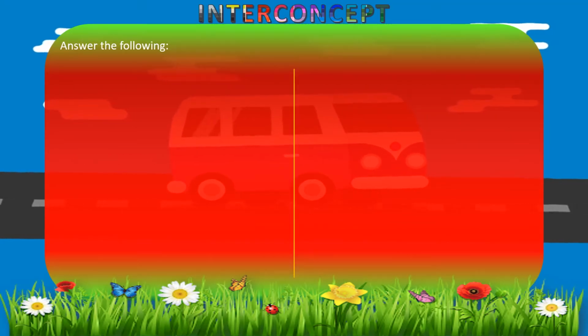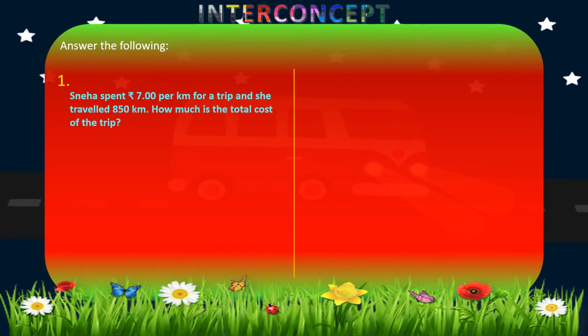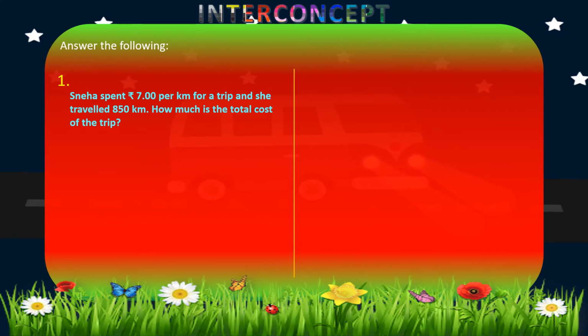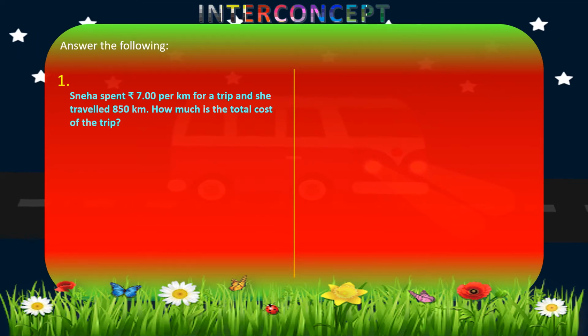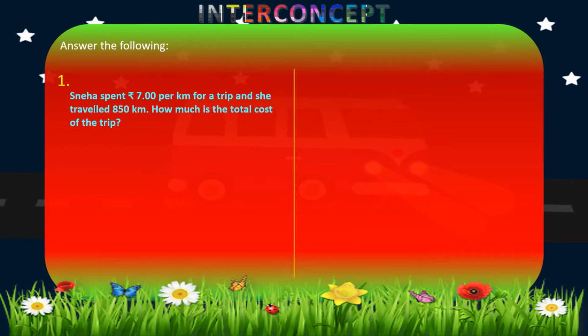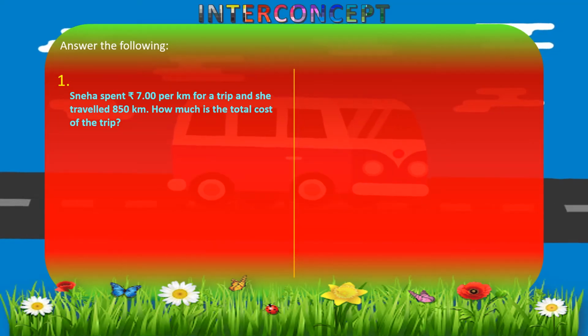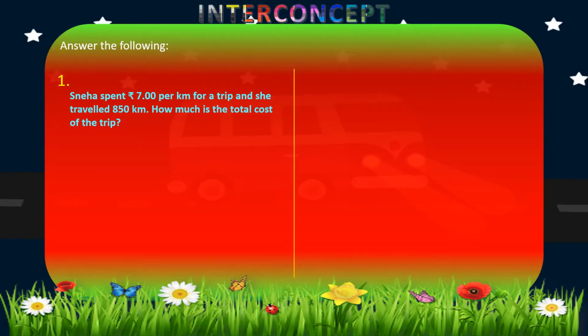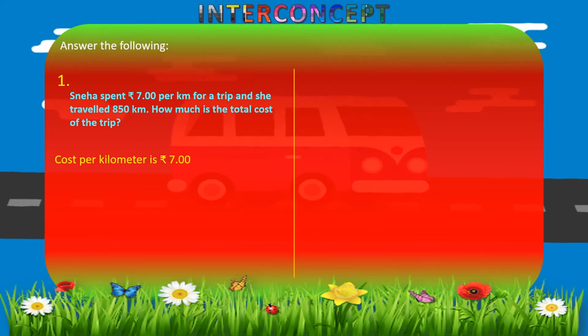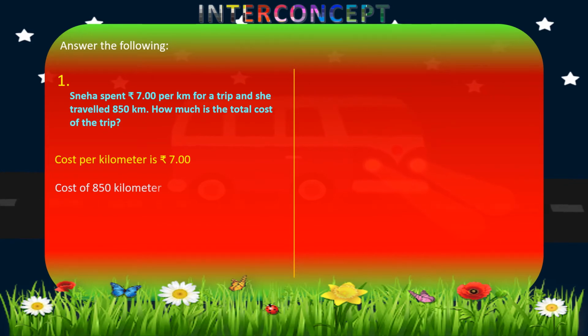Few more examples to find the money. First one is Sneha spent rupees 7 per kilometer for a trip and she travelled 850 kilometer. How much is the total cost of the trip? Here cost per kilometer is rupees 7.